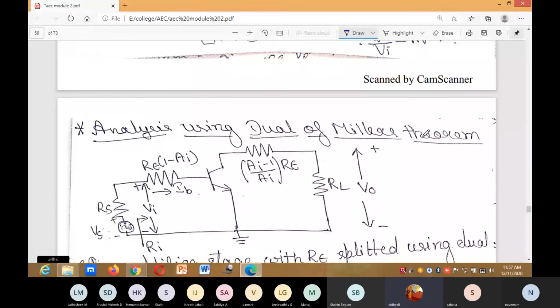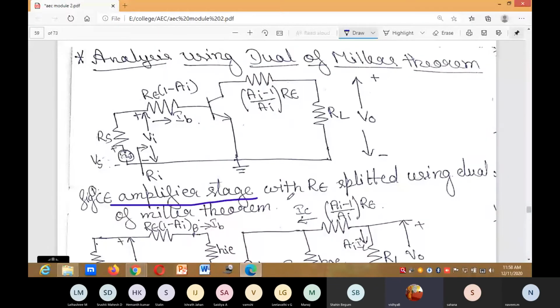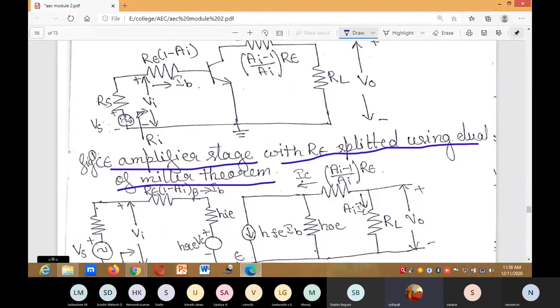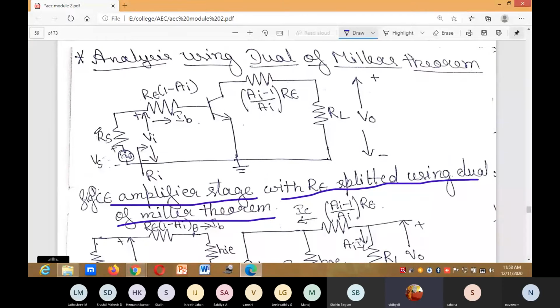Next, analysis using the dual of Miller's theorem. This is a CE amplifier stage with RE splitted using the dual of Miller's theorem. You can observe here RS, that is the source resistance, and RE into open bracket 1 minus AI, and here AI minus 1 divided by AI into RE. This is RL. This is the CE, common emitter amplifier stage with RE splitted using dual Miller's theorem.